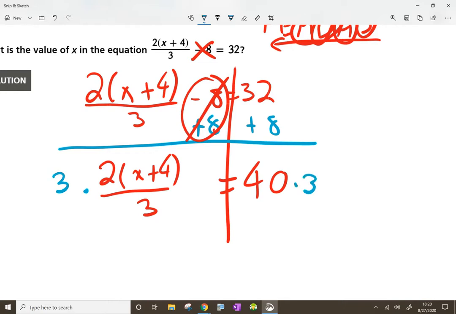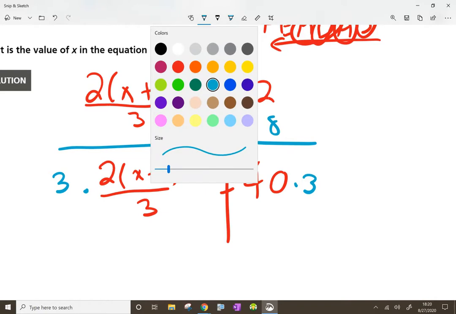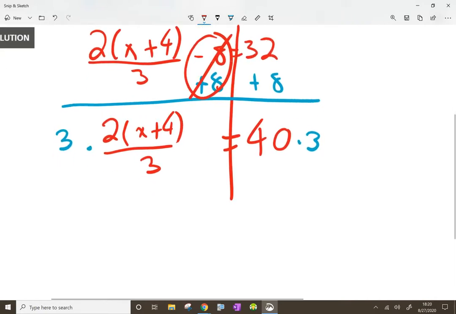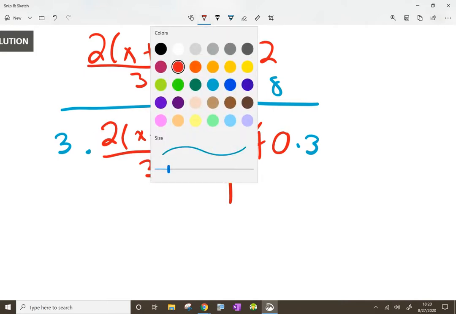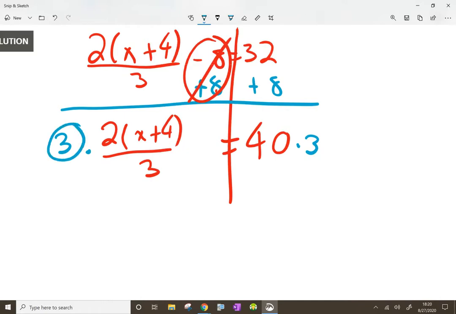Remember, anything that I do to the left side, I have to also do to the right side to keep things balanced. Now, a lot of you might think that this looks bad because I'm going to have to multiply 3 with all of this stuff. That's not true. The multiplying 3 that I've just done cancels out this dividing by 3, just like the 8 canceled out before, right?